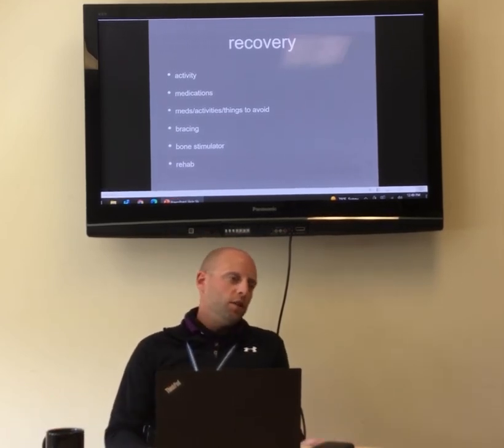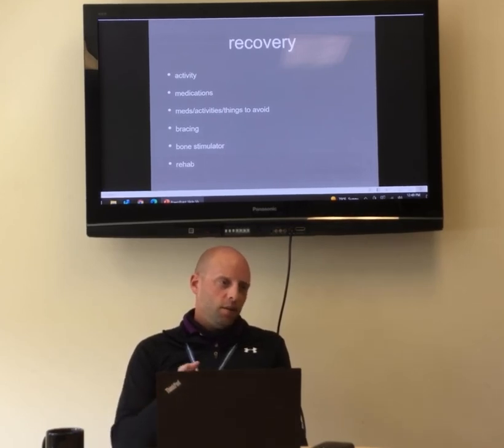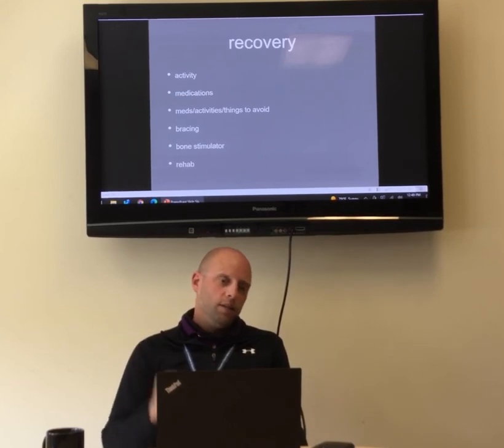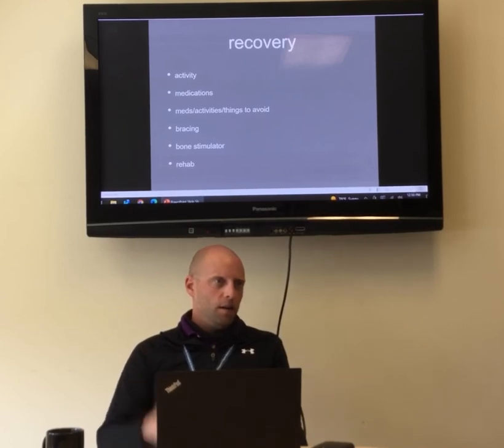If we did a fusion, we'll typically give them a brace to wear, whether it's a back brace or a cervical collar, and I will give them activity restrictions, and I typically won't start therapy until I see on x-ray evidence of a solid fusion forming. And that could be anywhere from 6 to 12 weeks. And that's kind of a good overview of when I begin therapy.